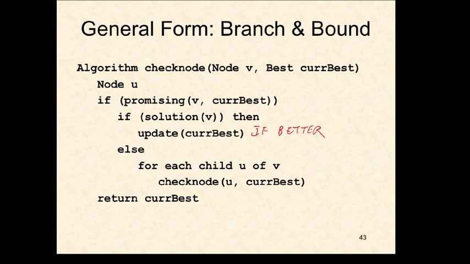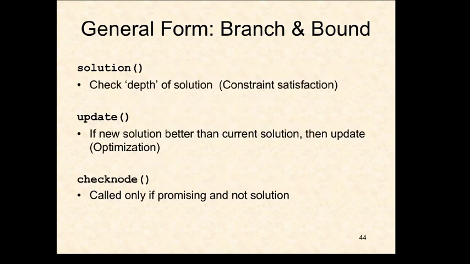If it's not a solution, if we've got more things to do, we make more recursive calls. So our solution is really simple. Have we visited all the vertices? That one's easy. For our update, we make sure the cost of the new cycle, the whole cycle, is better than the best so far, and then we update our best so far.